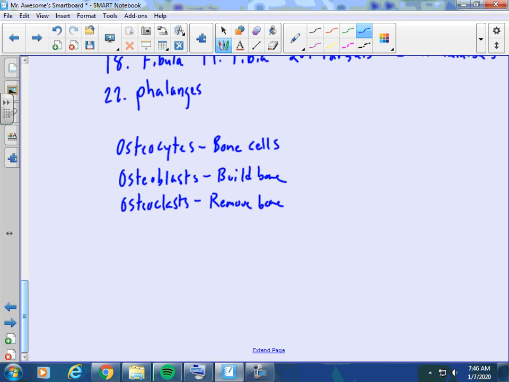All right. Compound fracture was mentioned on the checkpoints. So that's when bone breaks the skin. You got a fracture in a bone and it breaks the skin. Any projection on a bone, we call a process.